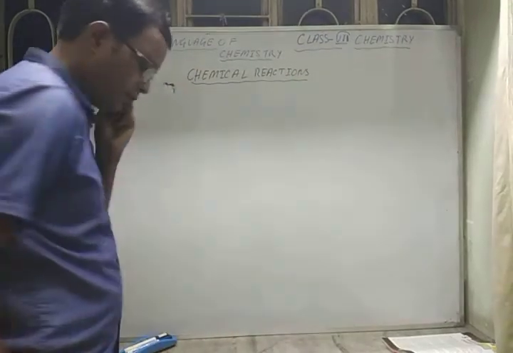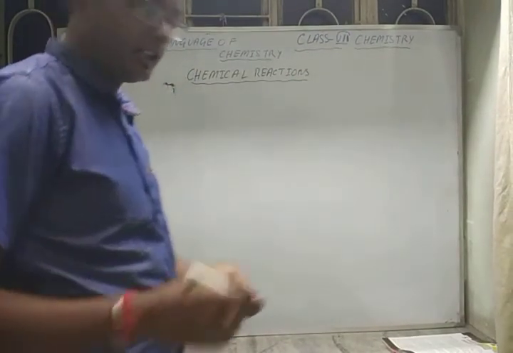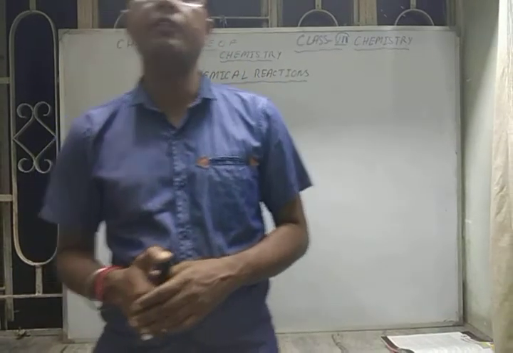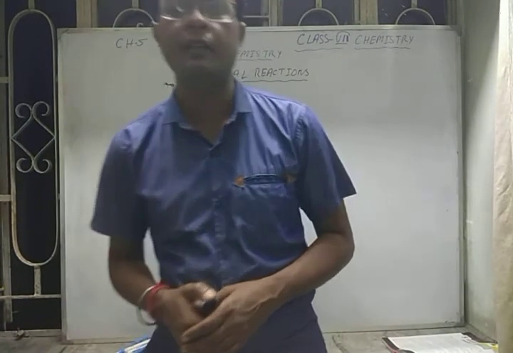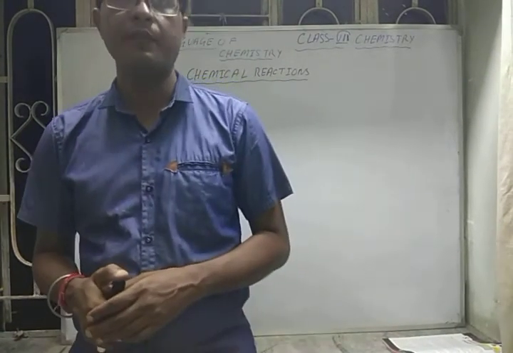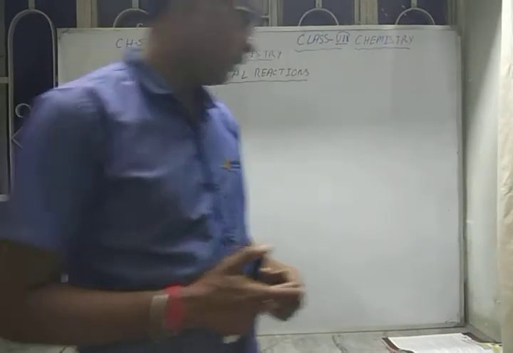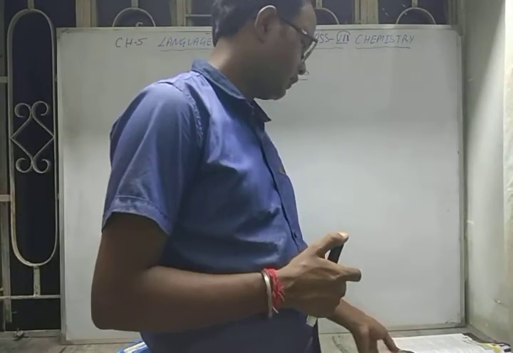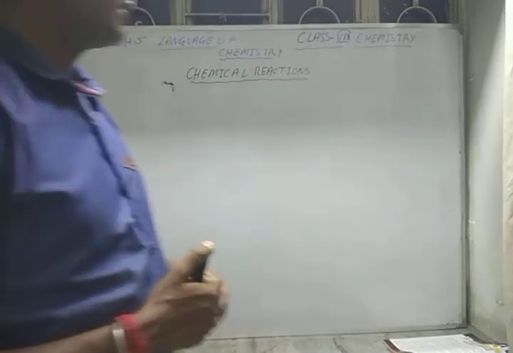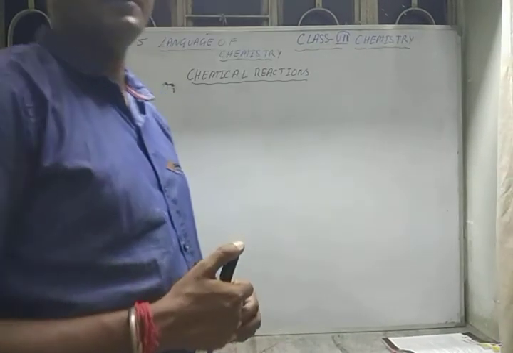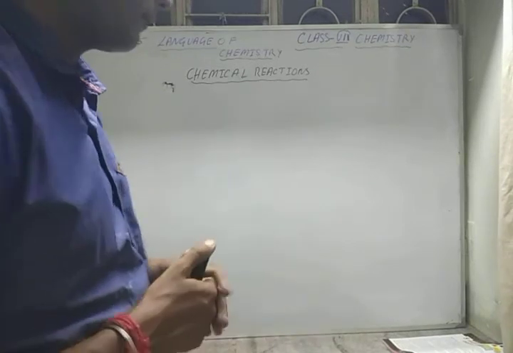Chemical reaction means whenever you see a chemical change happen, these chemical changes can be represented by a chemical reaction. These chemical reactions have 2 parts. So a chemical change that undergoes chemical reactions can be represented by a chemical equation.